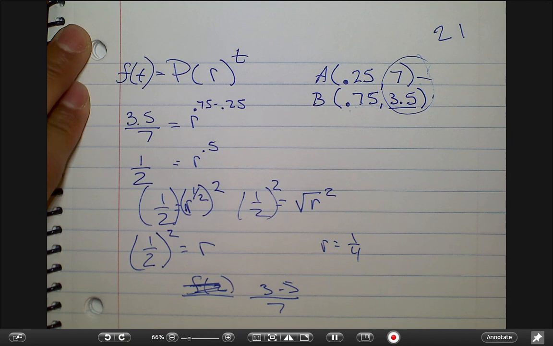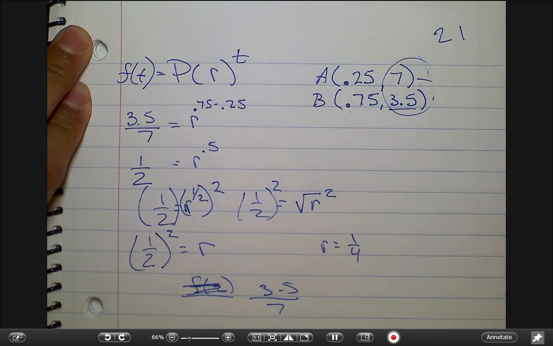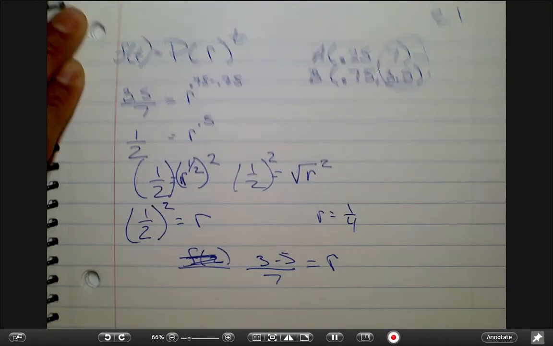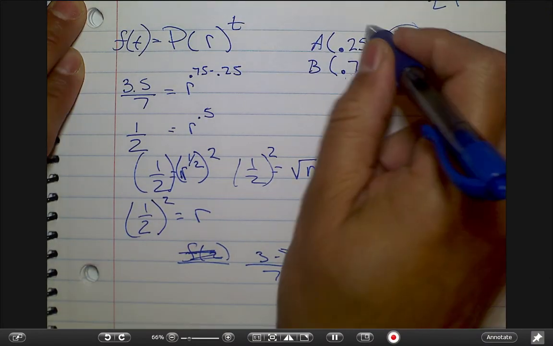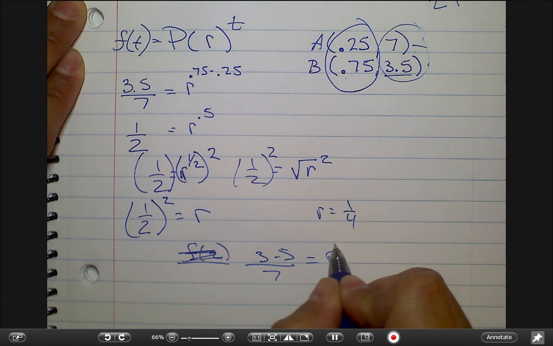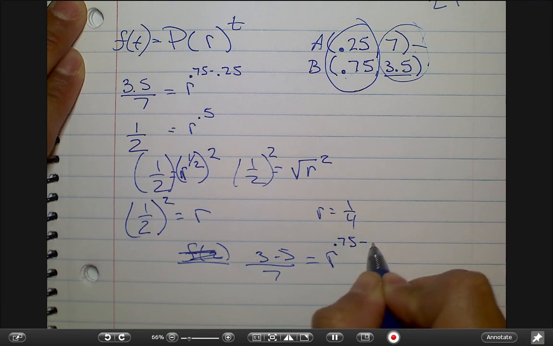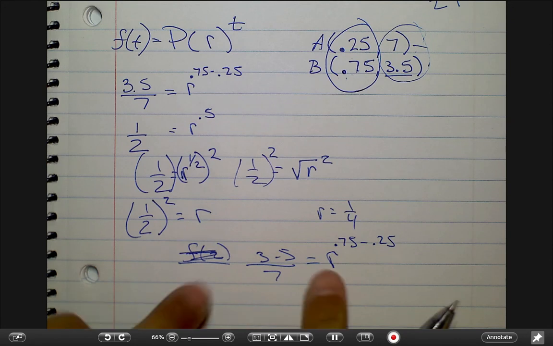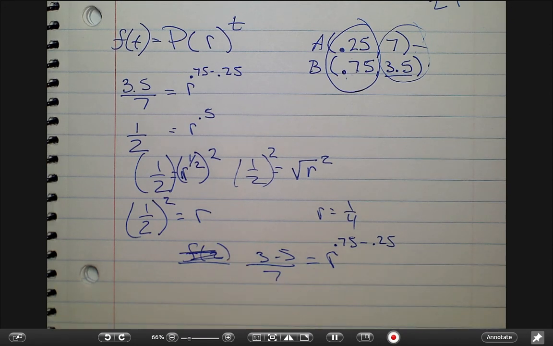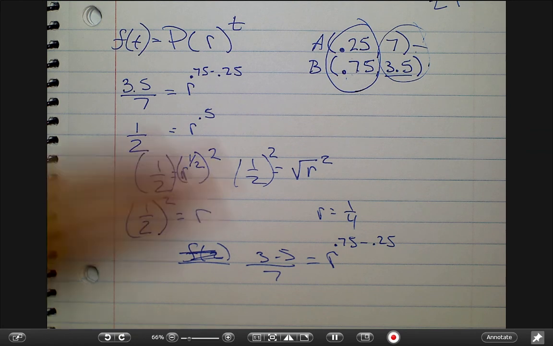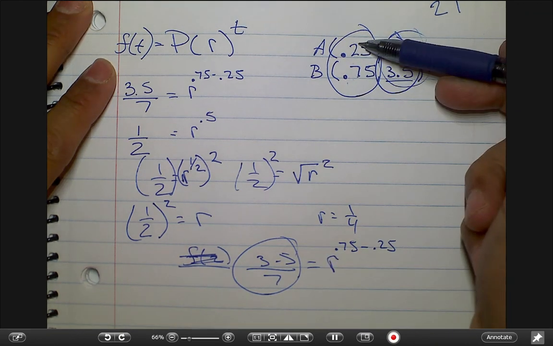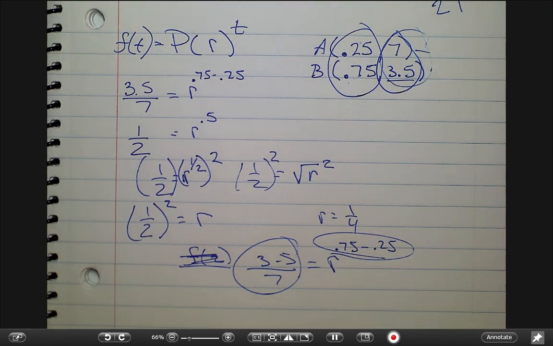We divide those two. We're always going to divide those. And that's going to be equal to my R. These two values, which was my 0.75 minus your 0.25. I could use any values now and use this information here to always solve for my R. So I'm using these two here, which go here. I'm using this one minus this one to go right there.